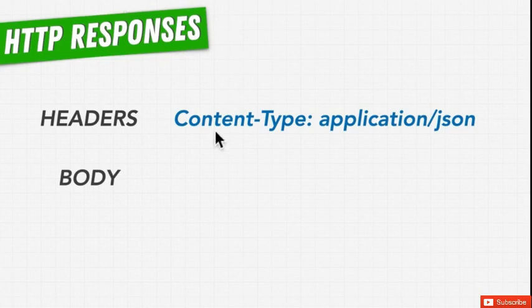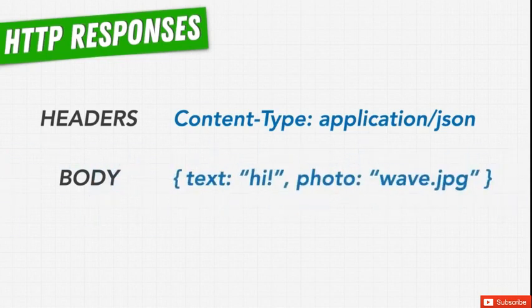And if you've set the content type as application JSON on the server side, that means that the server is sending a JSON object. Say it's a message from the messages collection that's telling us hi.